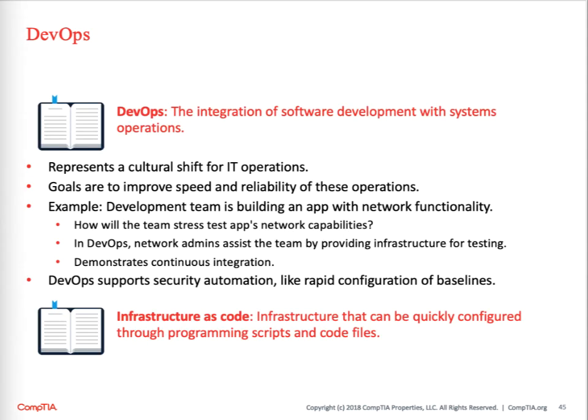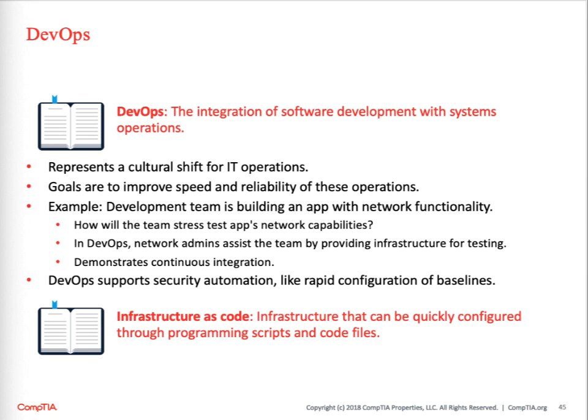DevOps. So DevOps is a combination of software development and systems operations. It's going to refer to the practice of integrating one discipline with another. So it's the integration of software development and systems operations. An example: consider you have a software development team building an application that has some sort of network functionality, like maybe synchronizing files to a web server, right?